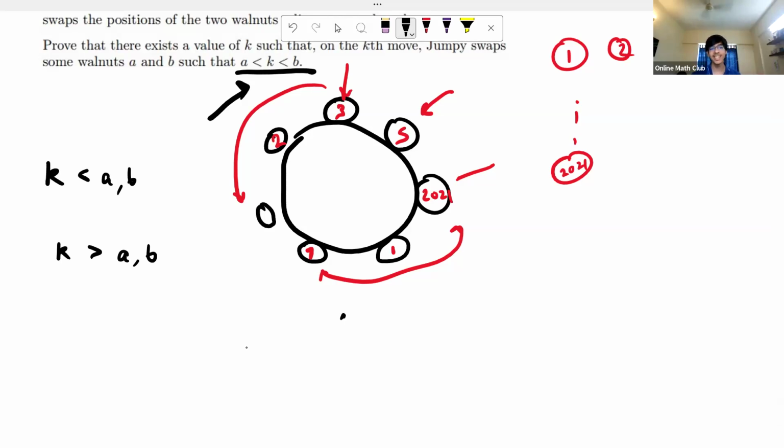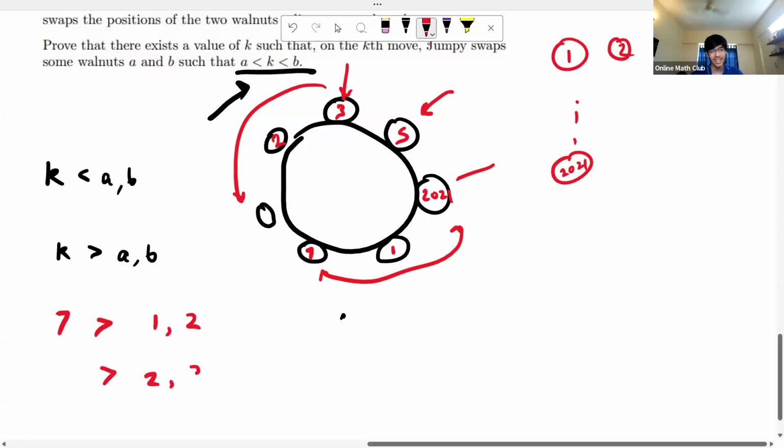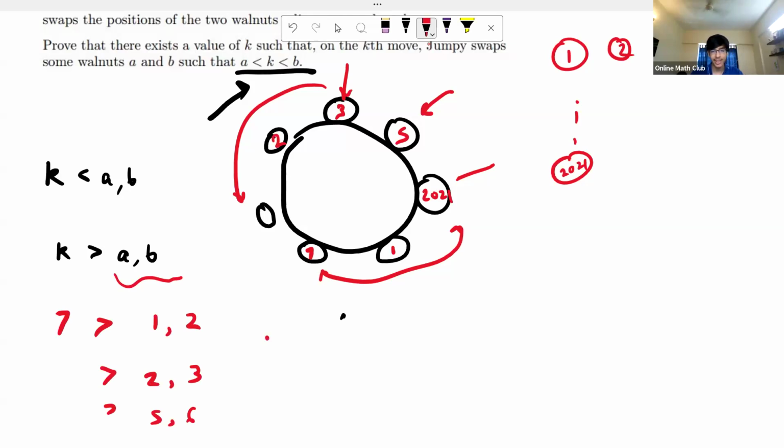If you've gone for this sort of contradiction, let's say k is 7, and 7 is greater than both 1 and 2. 7 is also greater than both 2 and 3, and also greater than both 5 and 6. As long as a and b are in 1 to 6, we don't really care which ones they are.